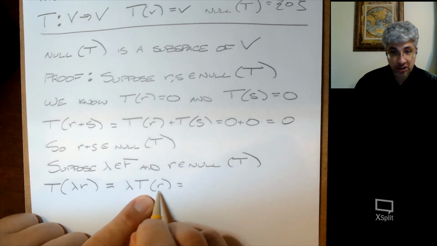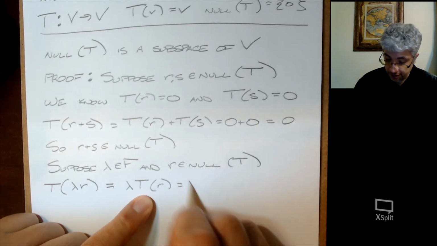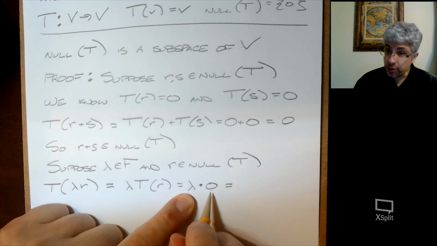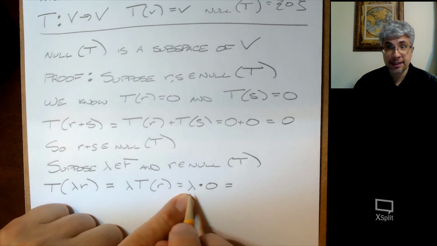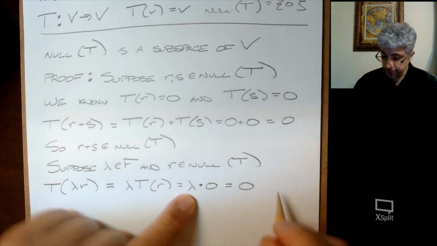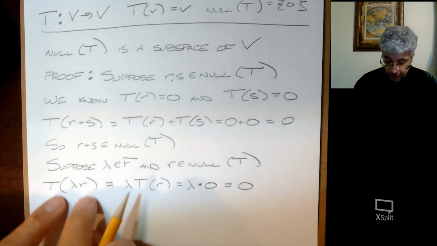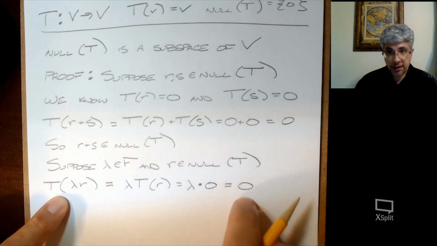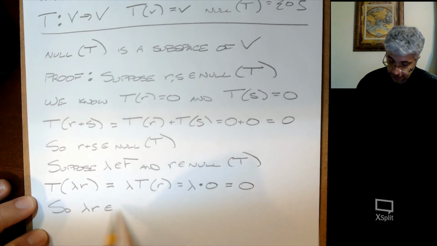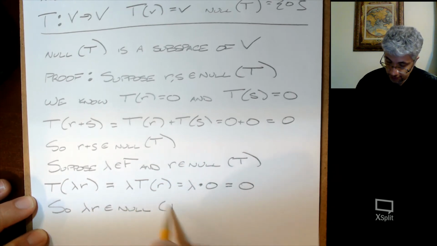Now I'm using the fact that r is in the null space, which means T of r is 0. Now I'm using the fact, which we proved a long time ago, it's not an axiom, that lambda times 0 is going to be 0 for any scalar lambda. And oh, look, what did I show? I showed that lambda r gets sent to 0, so lambda times r is in the null space of T.